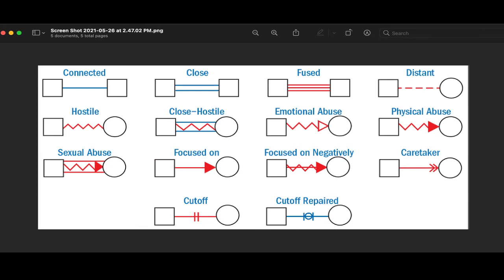We're also going to show a close relationship here. This might be because of a couple of different things, maybe based on her history. She was adopted, and so she has some understanding of what he feels. What we end up having in this case is a structure of the family, but now we're starting to get some of the dynamics.